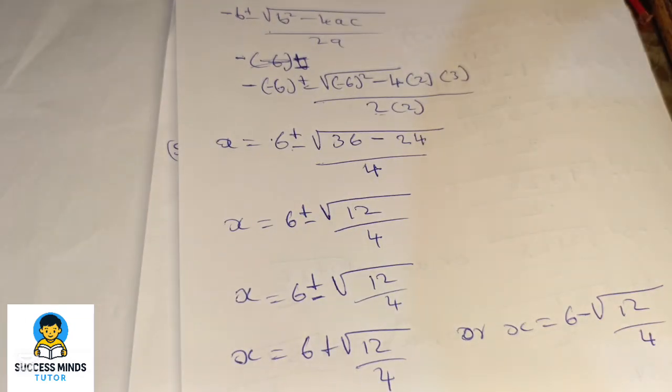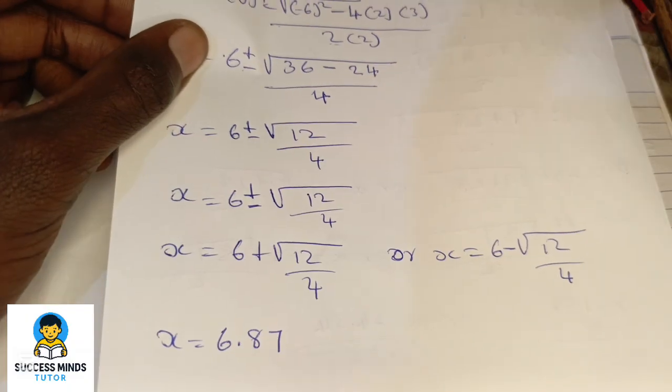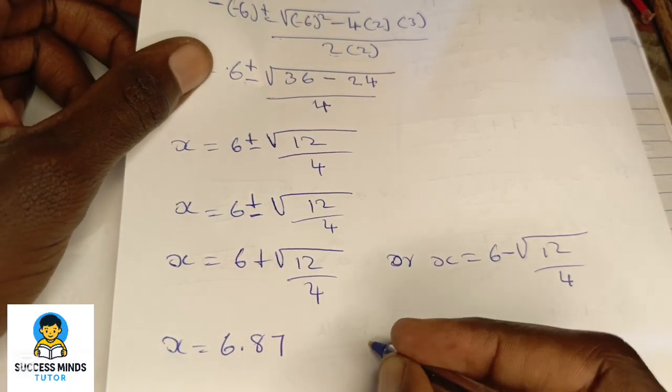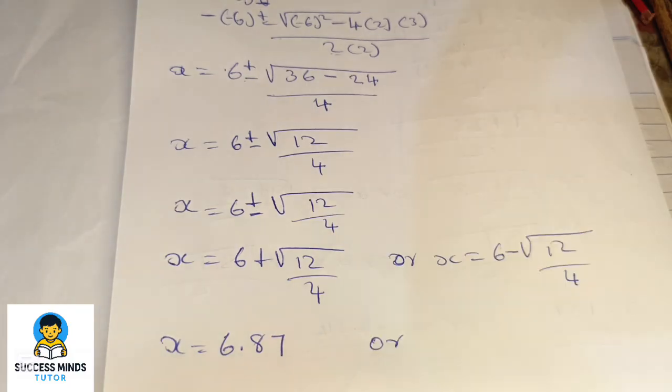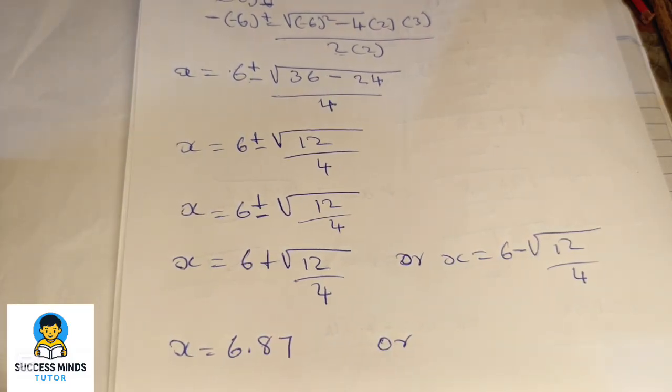You can also see from the answer here that it has also rounded off. So we'll go to the other side again and do the same. We are going to say negative 6, and we'll say 12 divided by 4.